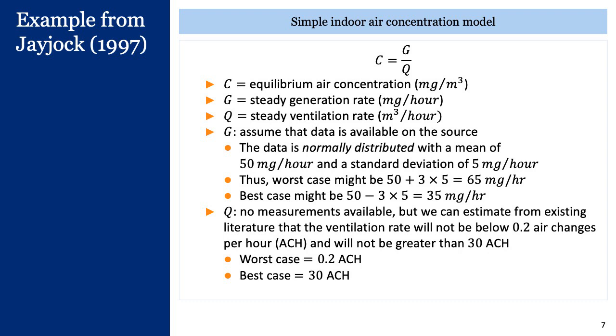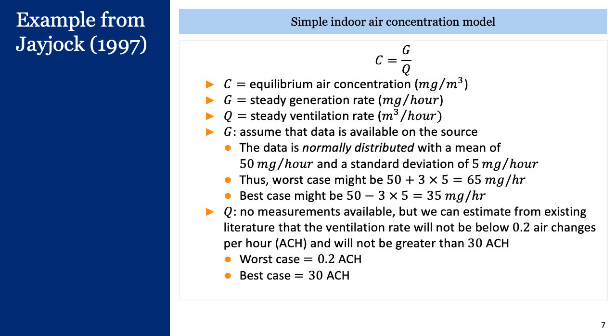Before people started doing Monte Carlo uncertainty analysis, they would go about doing it this way. They would say the worst case is when we are 3 standard deviations greater than the mean. Worst in the sense this will lead to the highest exposure. So 50 plus 3 times 5, so 65 milligrams per hour. And the best case is when we are 3 standard deviations below the mean, so we are at 50 minus 3 times 5, or 35.